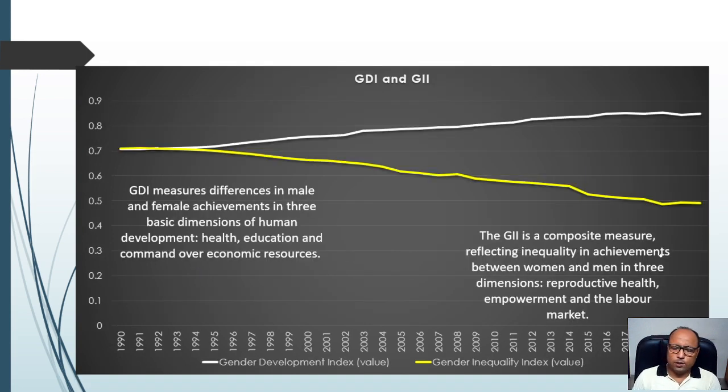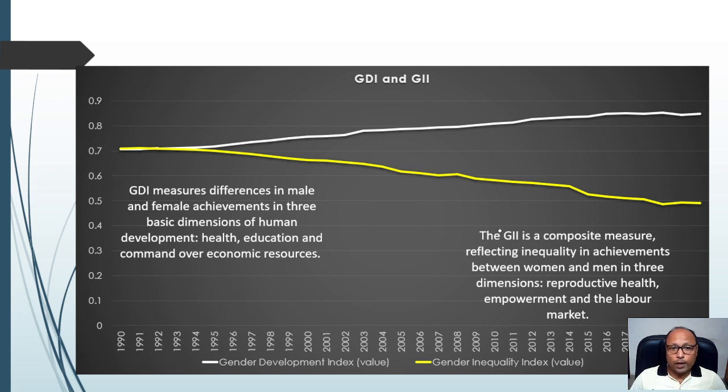Then the Human Development Report also gives two important parameters. One is GDI, that is the Gender Development Index, and the other is GII, the Gender Inequality Index. This Gender Development Index measures the difference between male and female.